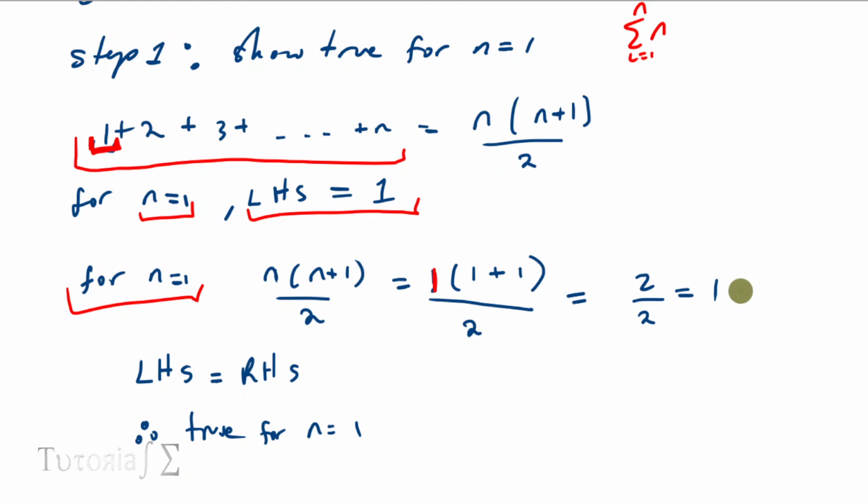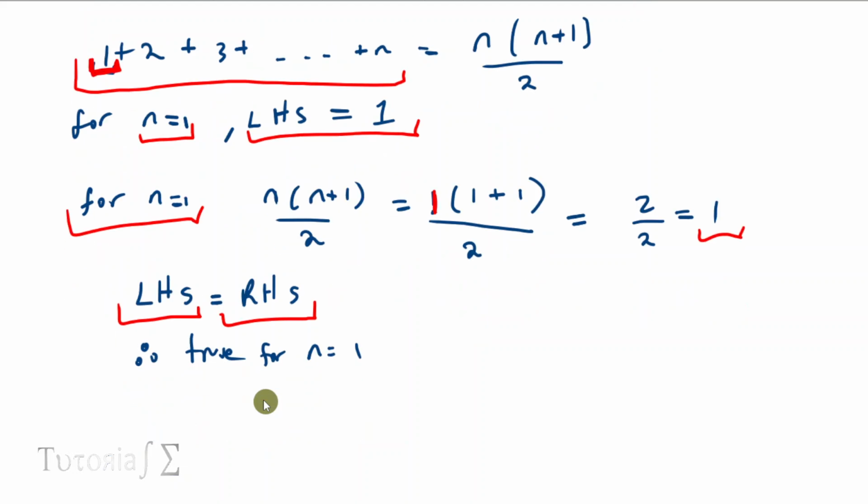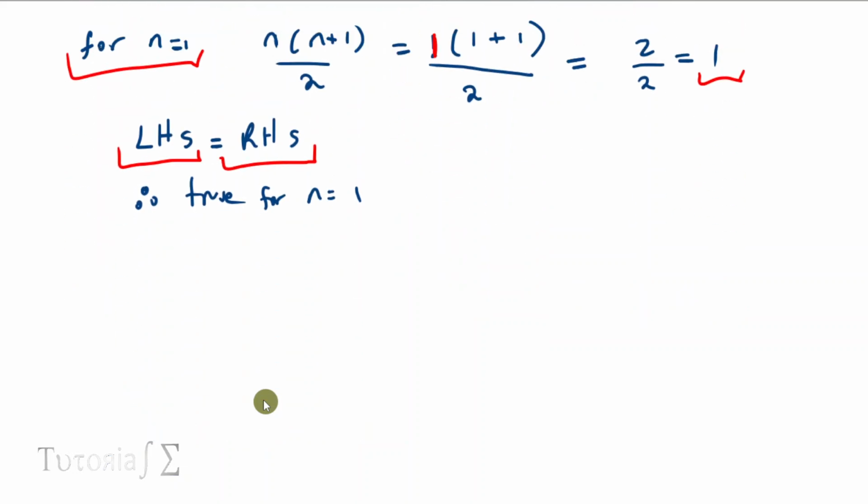Then when you divide by 2, we see that we're going to have 1. Therefore, the left-hand side is equal to the right-hand side, because the left-hand side gave us 1 and the right-hand side has given us 1. So we conclude that the statement is true for n equals 1. Then now we'll go to step 2, which I'll write here. So step 2.